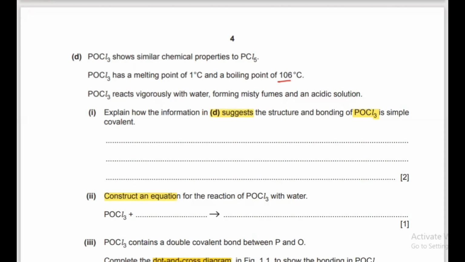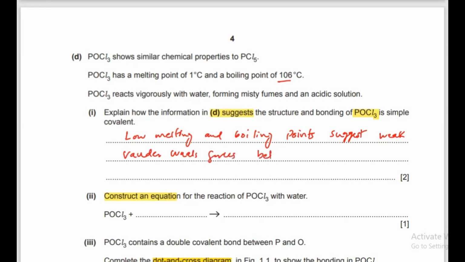So the low melting and boiling points suggest weak van der Waals forces between molecules, and the vigorous reaction with the water suggests hydrolysis.